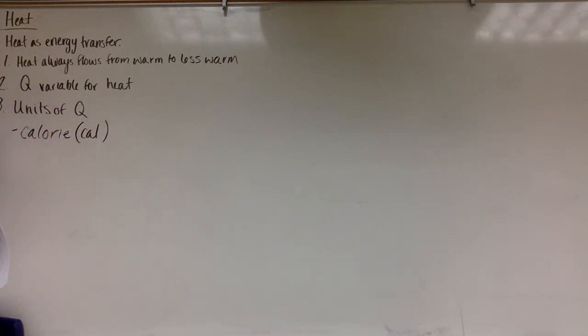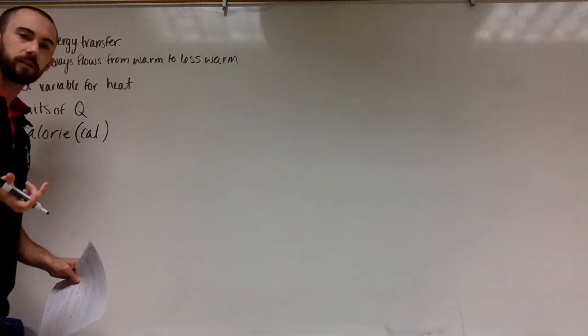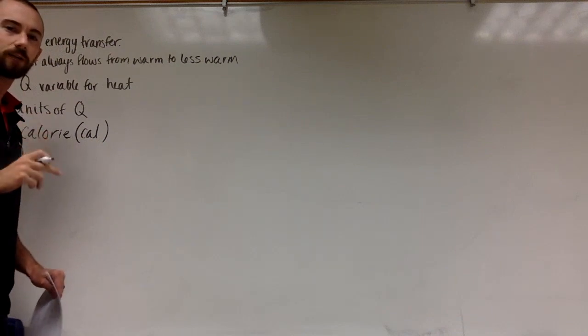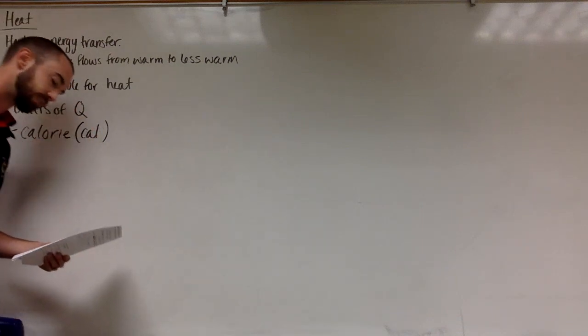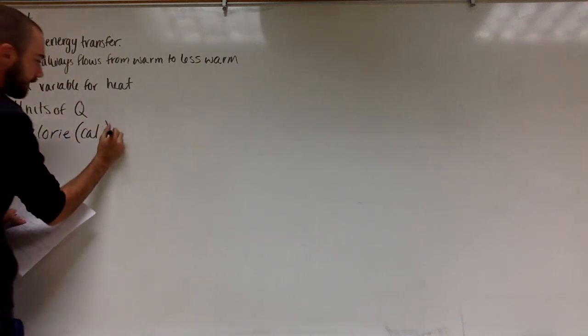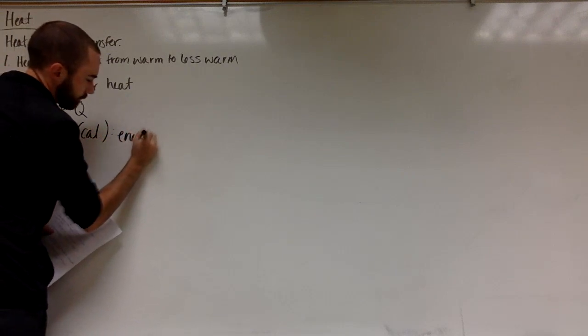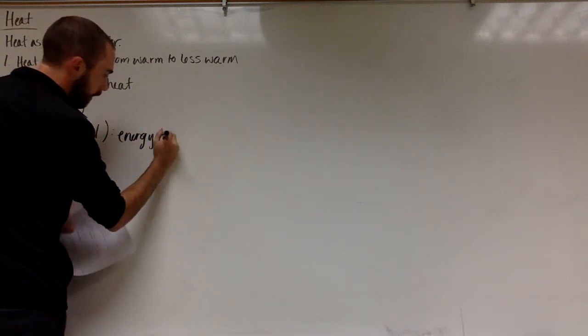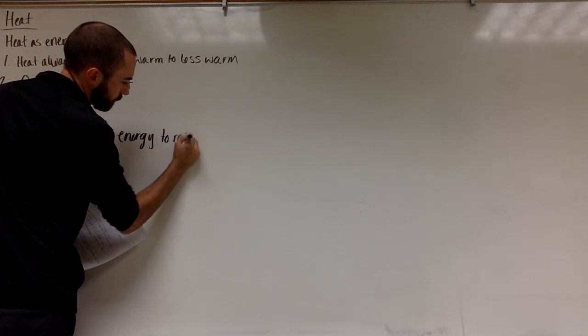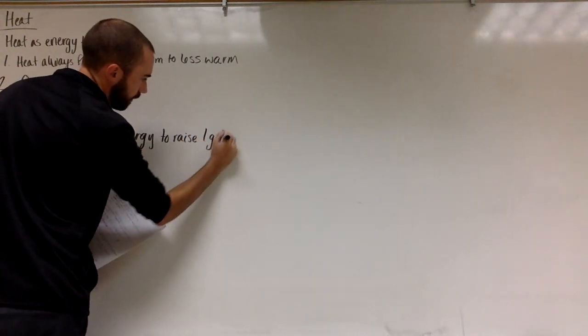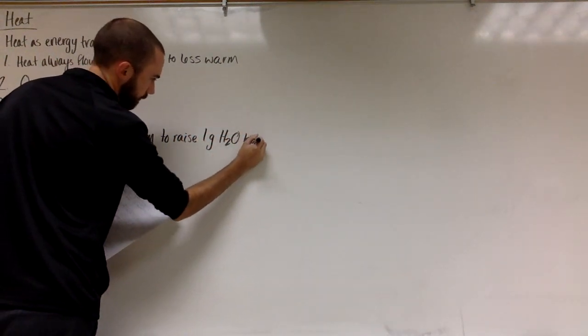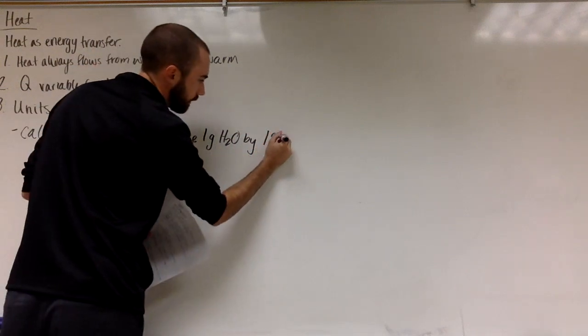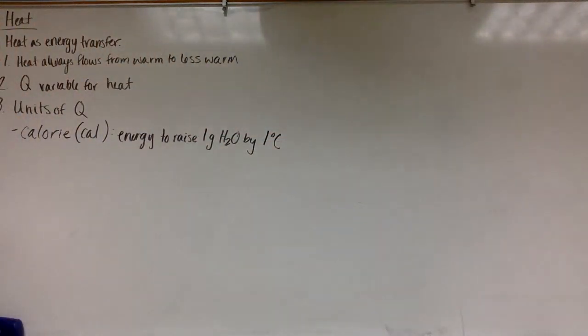So cal is the way, you may be thinking, oh, I know calories, that's food calories. No, food calories are actually kilocalories, so it's 1,000 times bigger than this. But it is the energy to raise 1 gram of water by 1 degree Celsius.